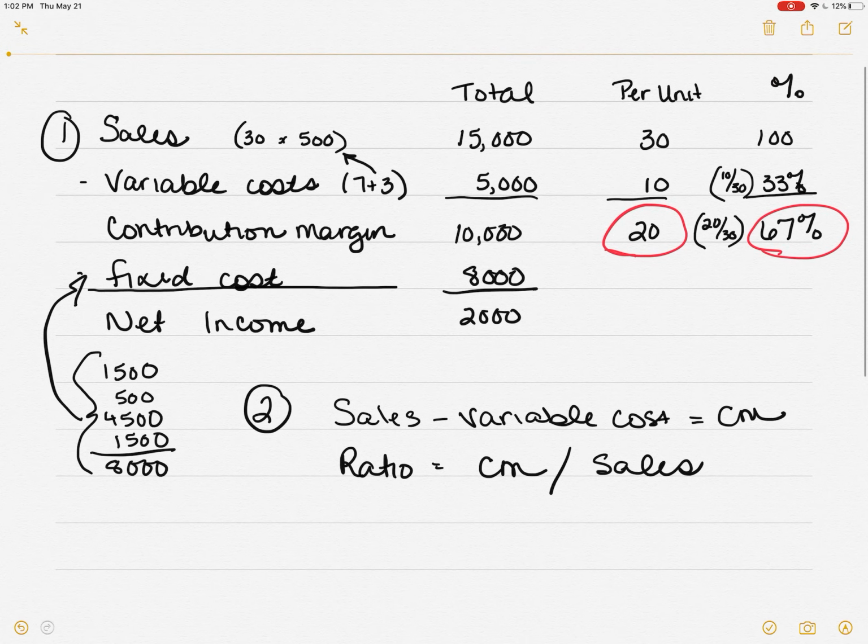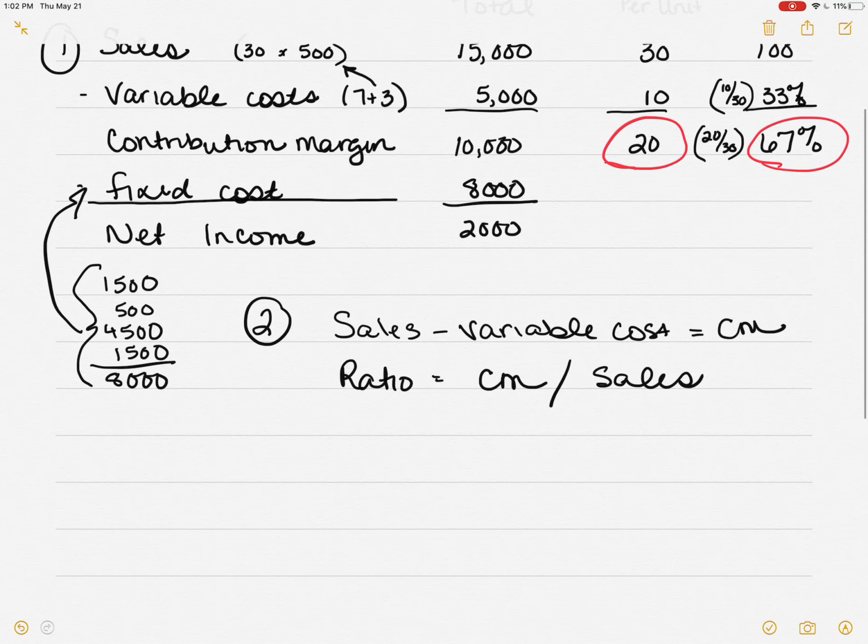But if we've done our work to begin with, we already have these figures. I'm going to use these figures to find those break-even points. So for number 3, they want us to determine our break-even in both units and in dollars. One thing to remember, when I want to find units, I'm going to use my per unit.